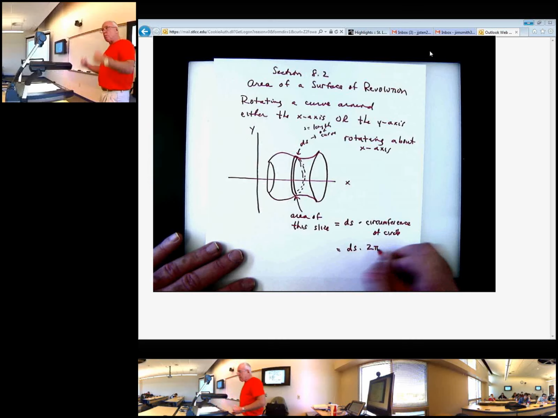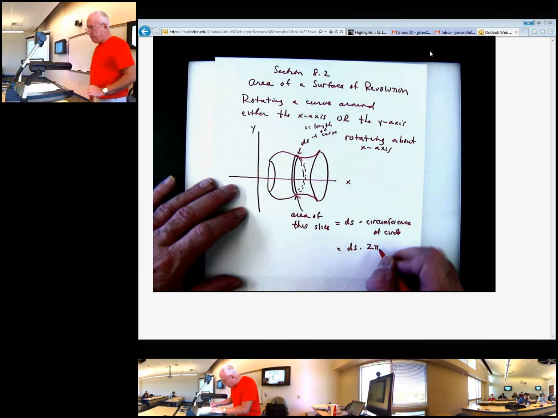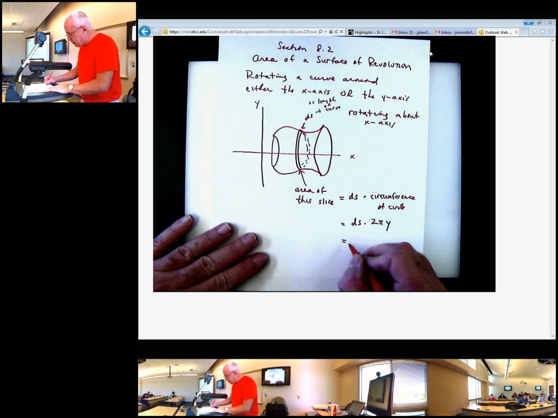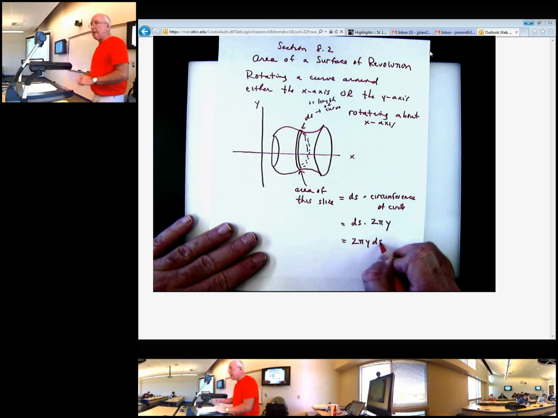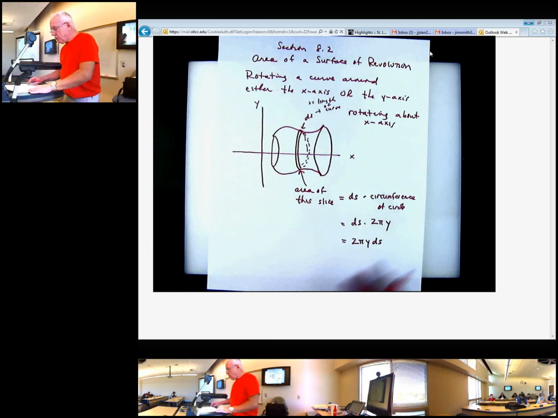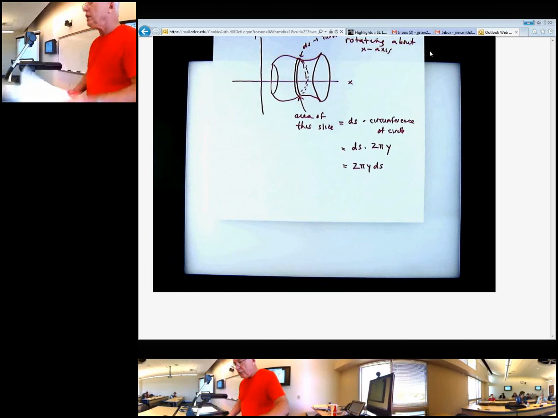Now, because we're rotating it about the x-axis, it's 2 pi y. So another way I can write the area of this slice is 2 pi y, and then put the ds last. All right.